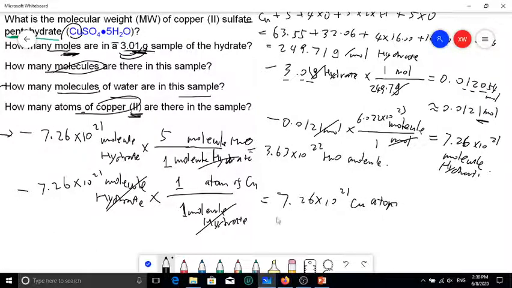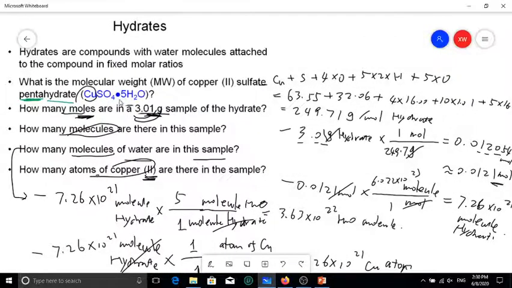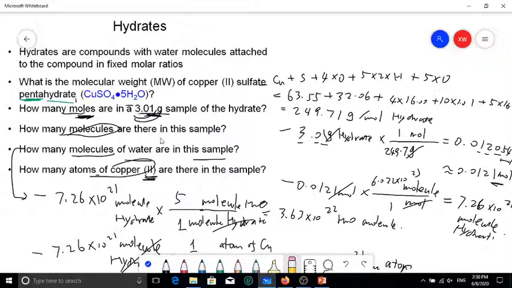You can probably imagine this type of question can be asked for anything, like how many sulfur atoms, how many oxygen atoms. It can even ask for the total number of atoms in the sample. Since there are 1 copper plus 1 sulfur plus 4 oxygens plus 10 more hydrogens plus 5 more oxygens, that's a total of 21 atoms.